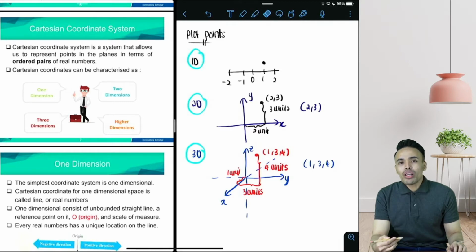When you try to plot a point in a two-dimensional coordinate system, for example, if the question asks you to plot point (2, 3), you have to have this axis that consists of the x-axis and y-axis. The (2, 3) informs you about the x coordinate and y coordinate respectively.